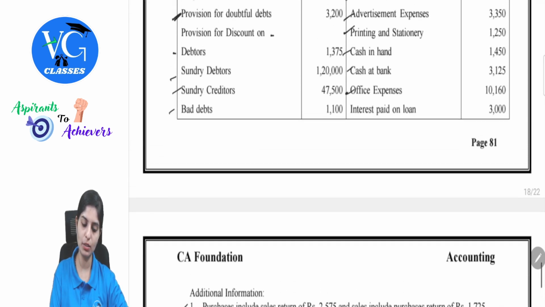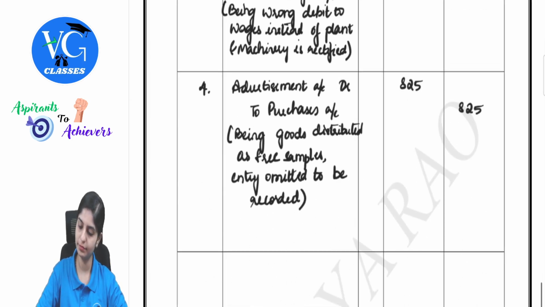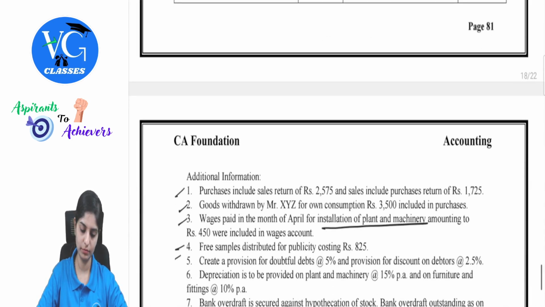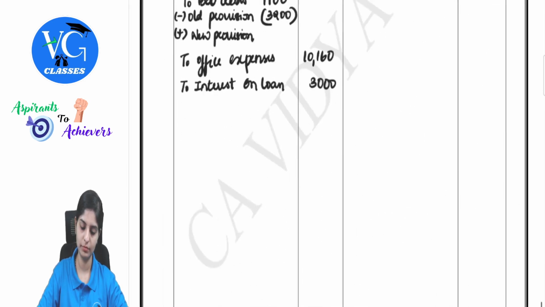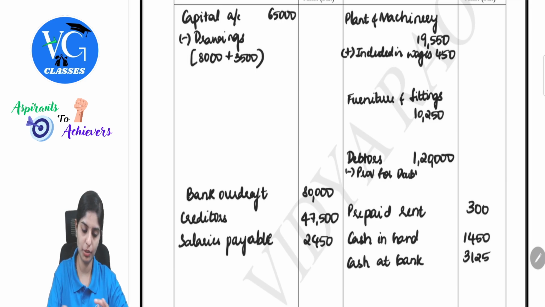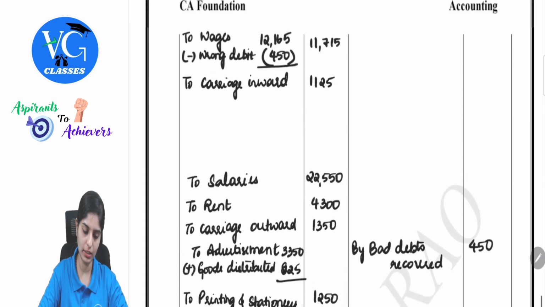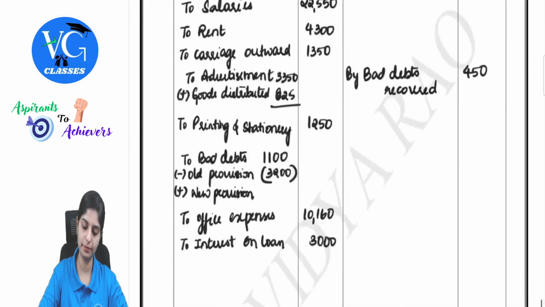Our debtors balance was 1,20,000, on that 5%. Minus provision for doubtful or bad debts. This is doubtful debts.